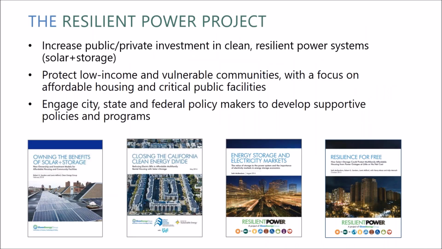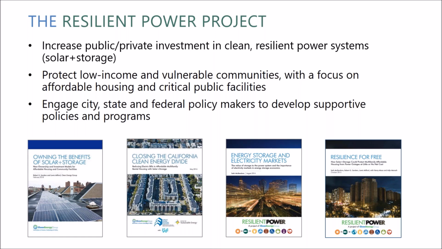The Resilient Power Project has been active for a few years now. It really came at first in the wake of Superstorm Sandy. The goal of the project is to increase access for disadvantaged communities, for vulnerable communities, low income, senior, disabled communities that are at risk during power outages.